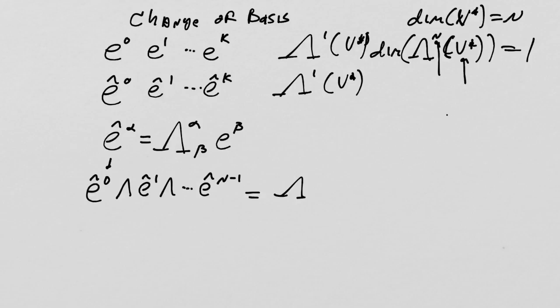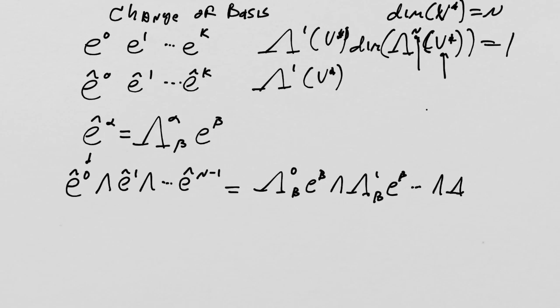So it's going to be lambda 0 beta E beta wedge lambda 1 beta E beta, dot, dot, dot, wedge lambda n beta E beta, like that.